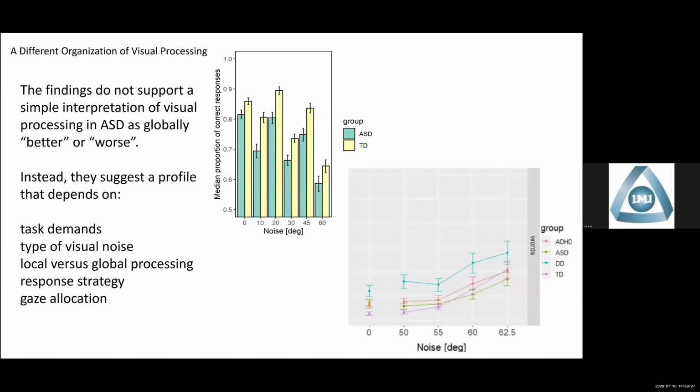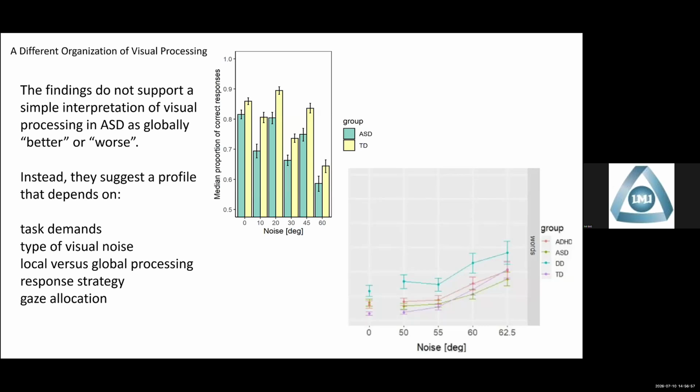Here is a comparison of accuracy, median proportion of correct responses between the ASD group and the typical development group in the contour integration experiment. You can see that at all noise levels, the group with autism performs less accurately. Their accuracy is lower.